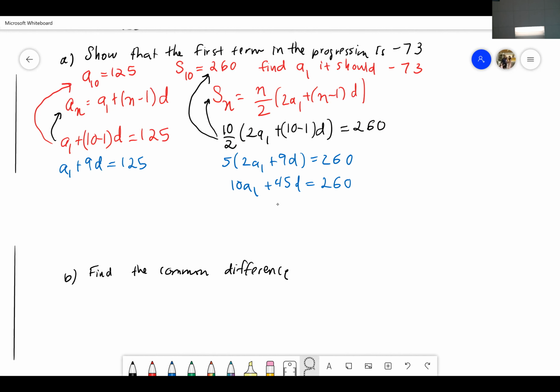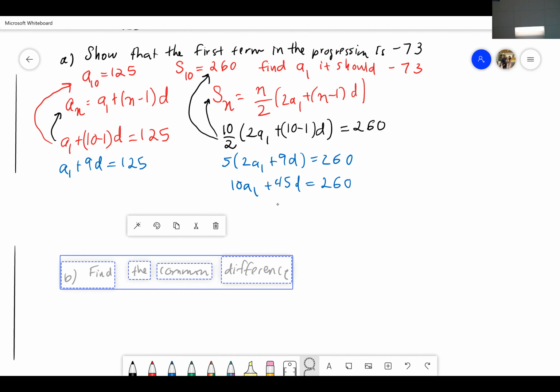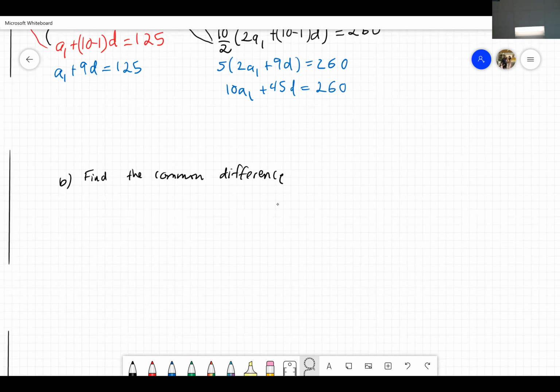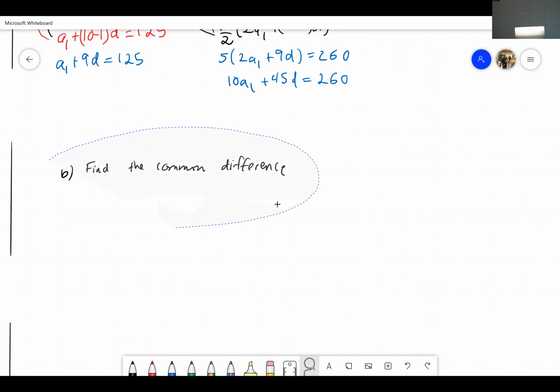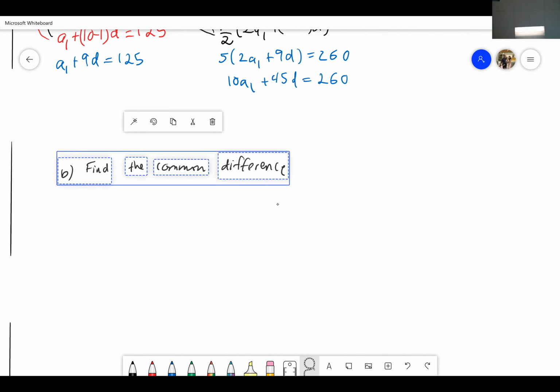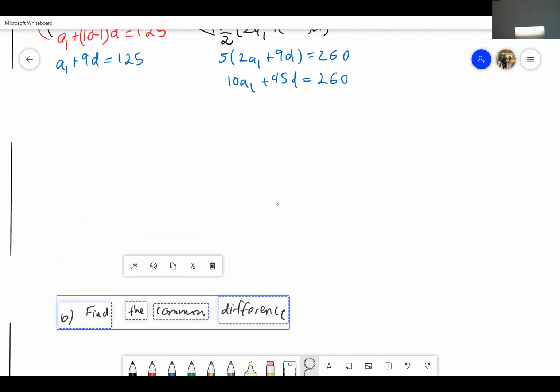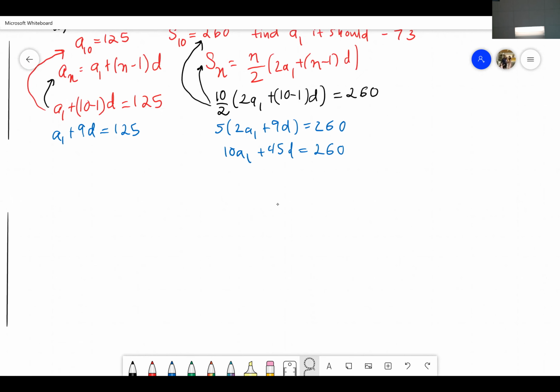I'll lasso again the find a common difference part here. Give myself some space. So here we have 10a_1 plus 45d equals 260.